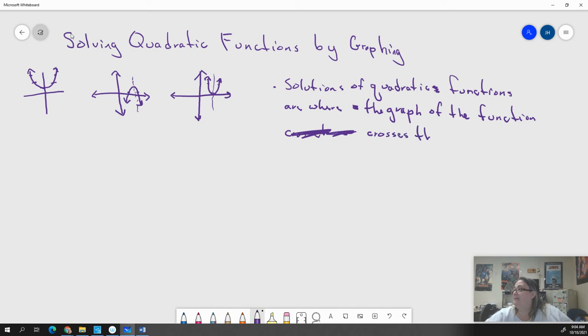Crosses the x-axis. Here's the $1 million question. Do you guys remember what we call it when something crosses the x-axis? No?